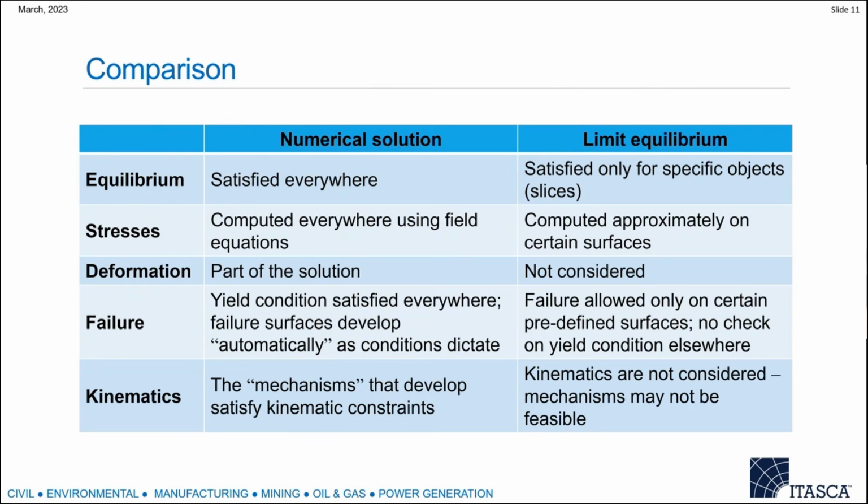For kinematics, in the numerical solution, the mechanisms that develop satisfy kinematic constraints. For limit equilibrium, kinematics are not considered, and the mechanisms may not be feasible.